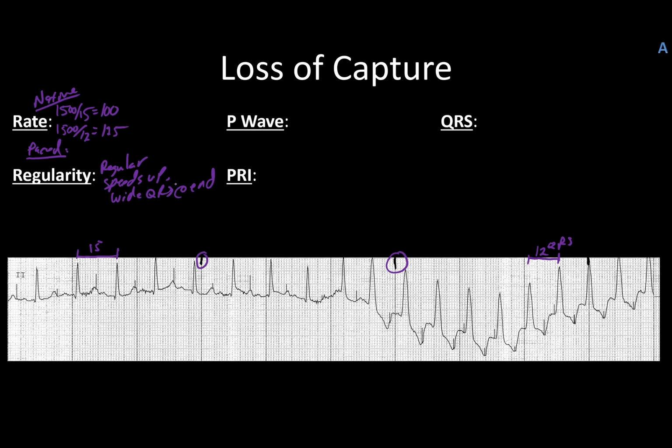Wide QRS at end. If we start looking at the pacer spikes themselves, we'll notice there's a lot of problems with that. The pacer spikes, I'm just going to use arrows to point to some of them, are happening really on or after T waves in this case.